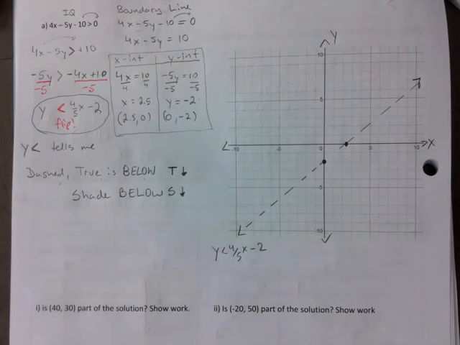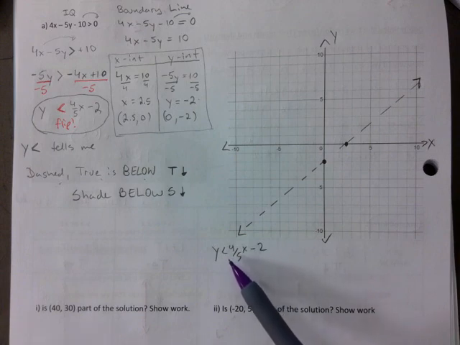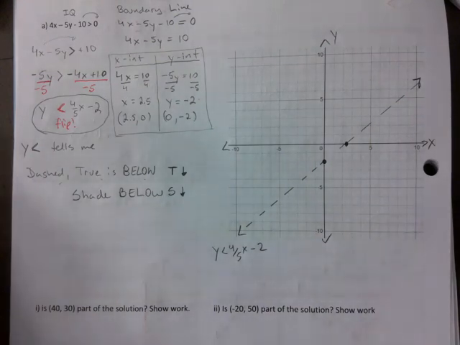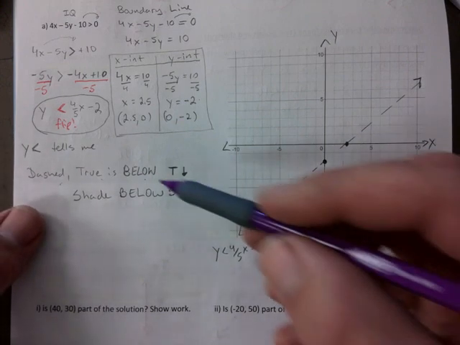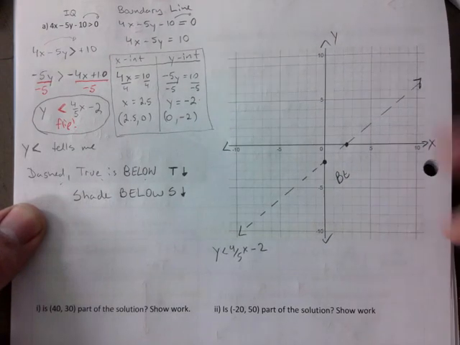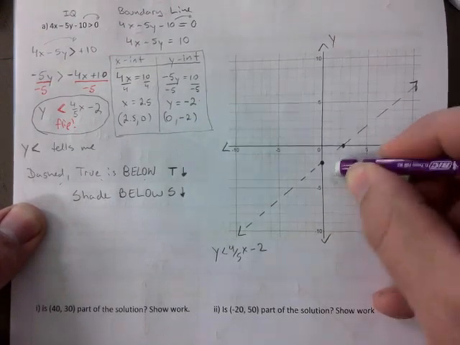Does that make sense that it's going up? Well, look at your slope. It's positive, right? Positive slope 4 over 5. That means it's going to be increasing from left to right. And we're going to say that the true region is below. Sorry, true. I meant to say true.